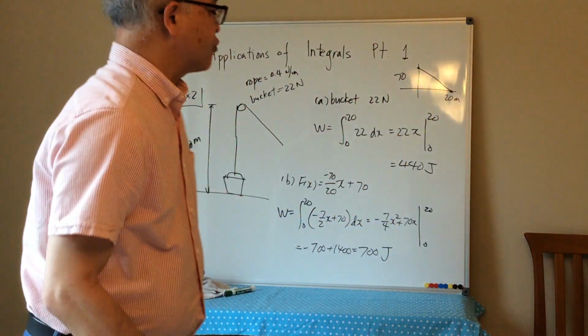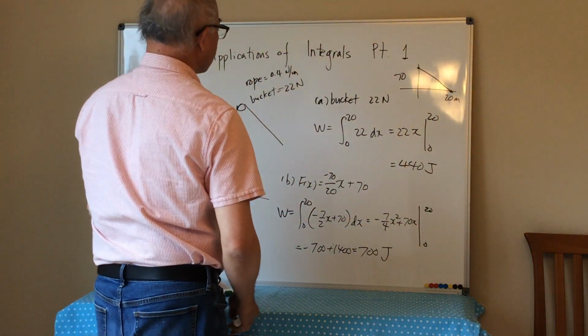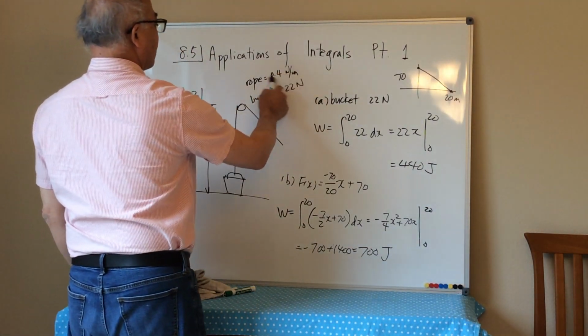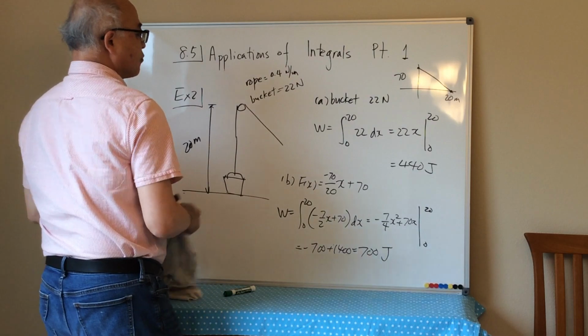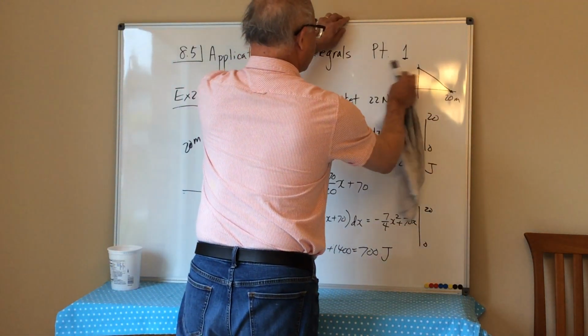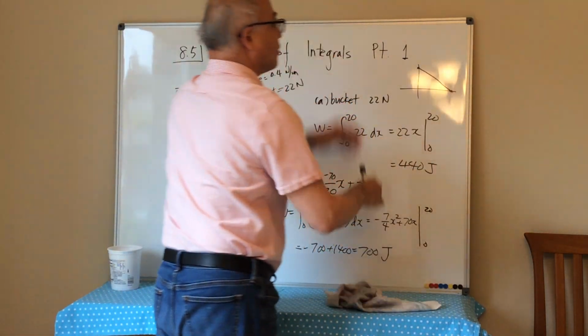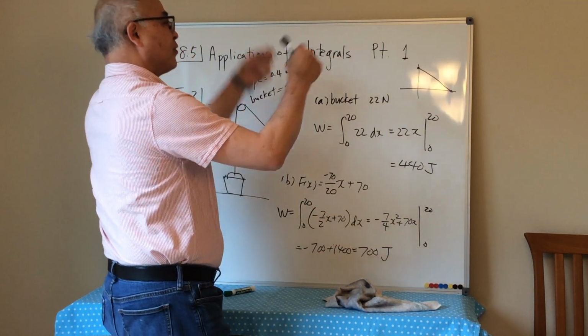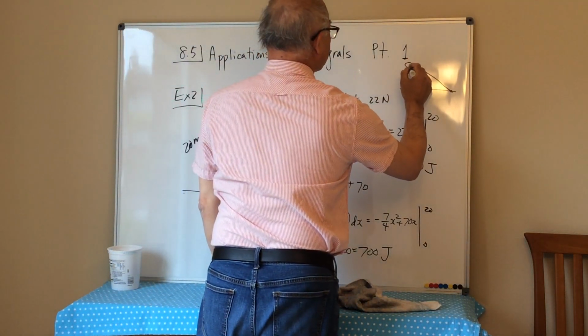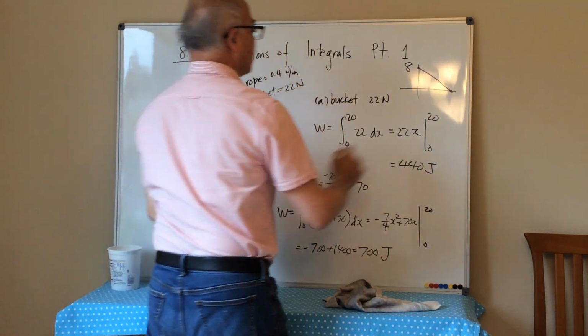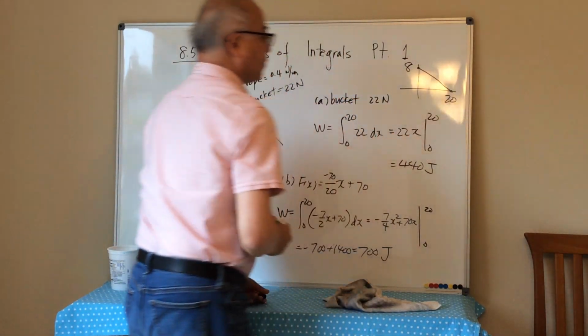At 20 meters, how much rope do I have? This times 20, so it's 8 newtons of rope. It's the same thing here, because by the time I'm done all the way to the top, I'll have no rope left. So I'm going to start at 8 newtons here, and this is going to be 20.